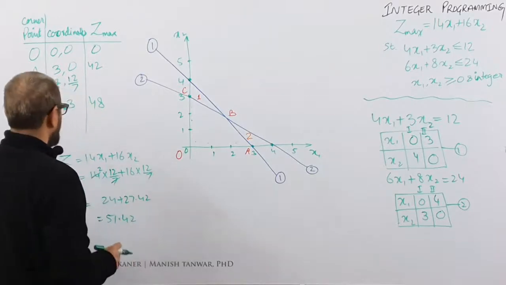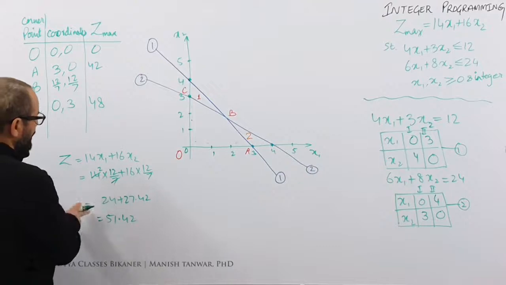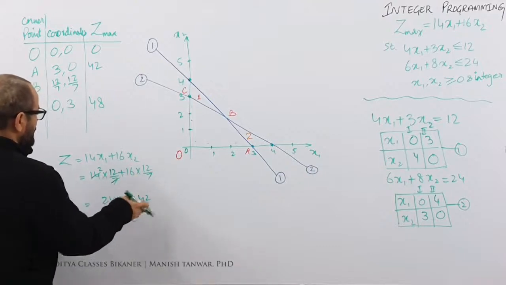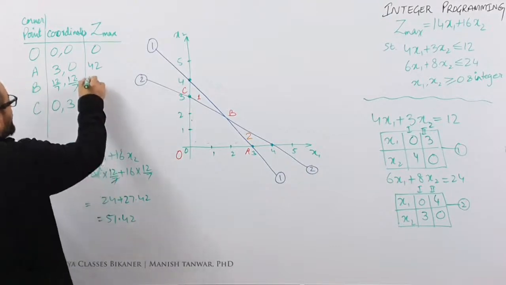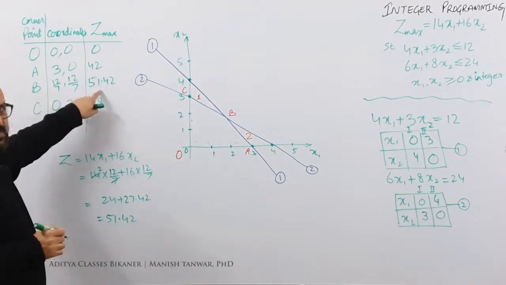I believe this is correct. So of these corner points, which one is best? B is the best point.